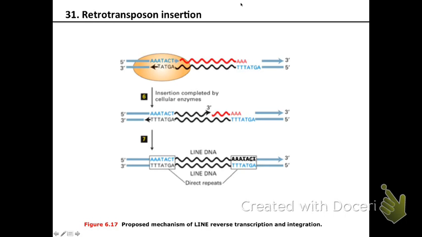What it needs is a promoter that will be strong enough to recruit RNA polymerase II. What enhancers do, these are DNA elements that regulate the expression of a gene in different tissues. So they turn off the promoter or they turn on the promoter in certain tissues. So these type of retrotransposons typically do not contain enhancers.